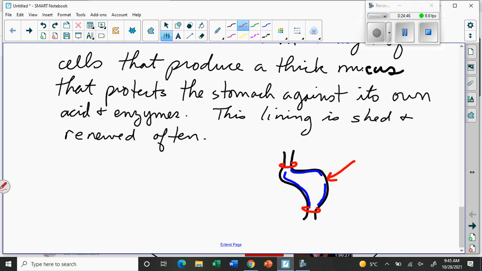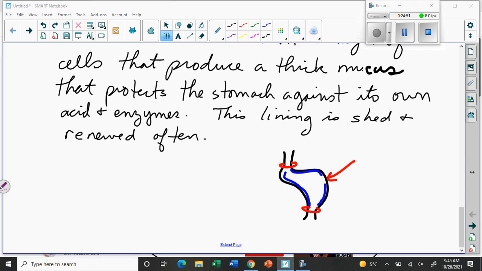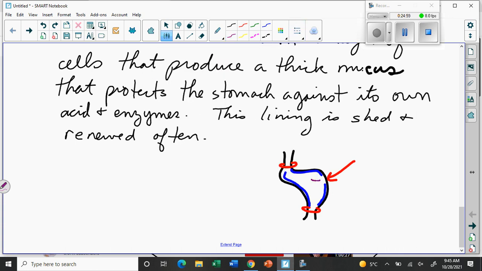That means that the acids of the stomach are going to start attacking. Right here, all the acids now can rub against up here against the side of the stomach, and they can actually begin to digest it. And it'll get sore, and it'll bleed, and it'll become what we call an ulcer.